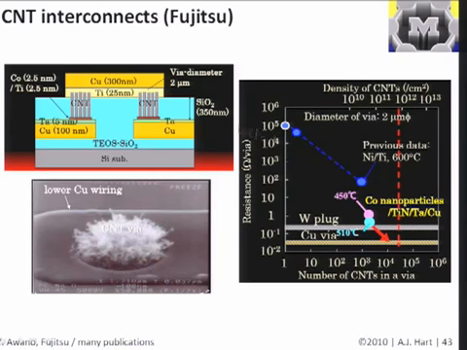Here they're showing, for example, the resistance. They're plotting the number of ohms per via, or the resistance of this whole path. This is the value for copper, which is about 0.1 to 0.01 ohms per via, and this is the result they've obtained with nanotubes.